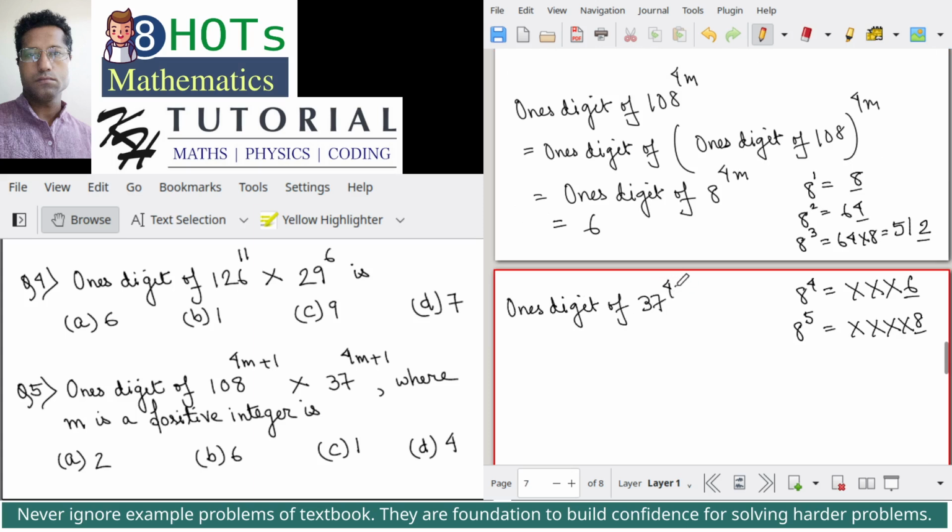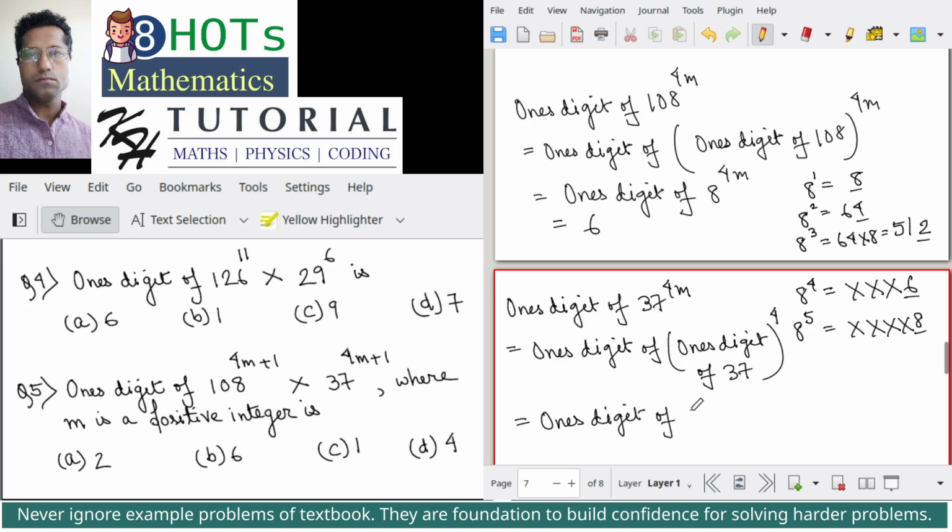The ones digit of 37 to the power 4m is equal to the ones digit of the ones digit of the base, that is 37, and this whole raised to the power 4m. This is equal to the ones digit of 7 to the power 4m.